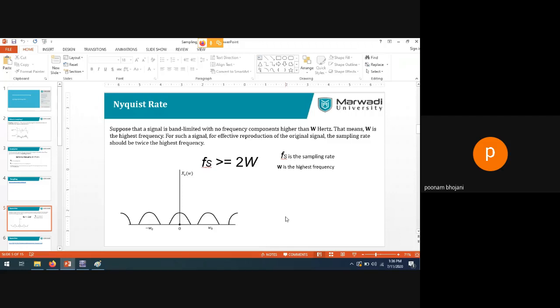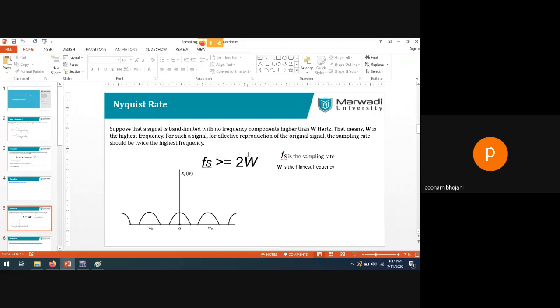Whenever you are transmitting a composite signal, it has multiple frequencies. So which frequency do you have to take for the sampling theorem or Nyquist rate? Maximum frequency. For example, in your composite signal, one signal has a frequency of 1 kilohertz, the second is 500 hertz, the third is, let's say, 1.5 kilohertz. So what is the maximum frequency out of these three? 1.5 kilohertz.